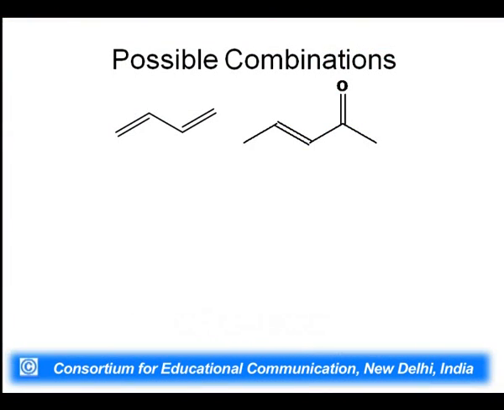The second example in this context would be an alpha beta unsaturated carbonyl compound. As you can see on the slide, I have replaced the double bond in 1,3-butadiene with the double bond of a carbonyl group. So again there is a possibility of conjugation and resonance happening.